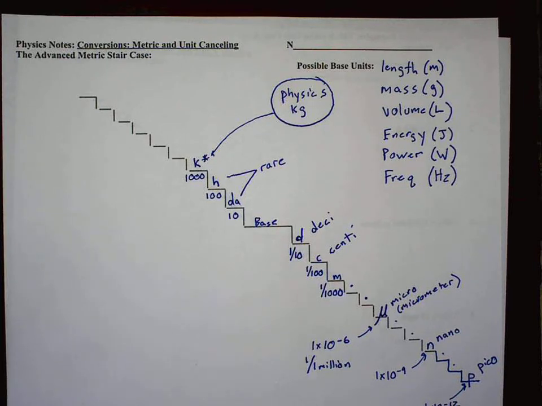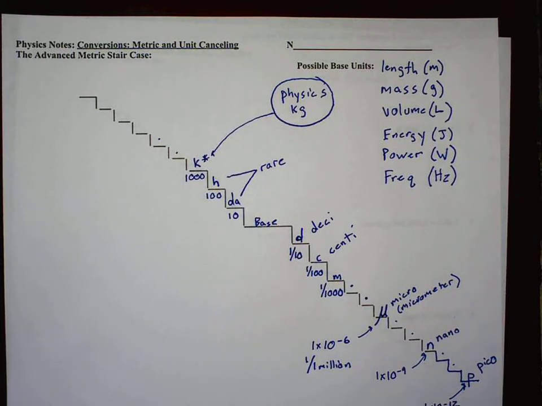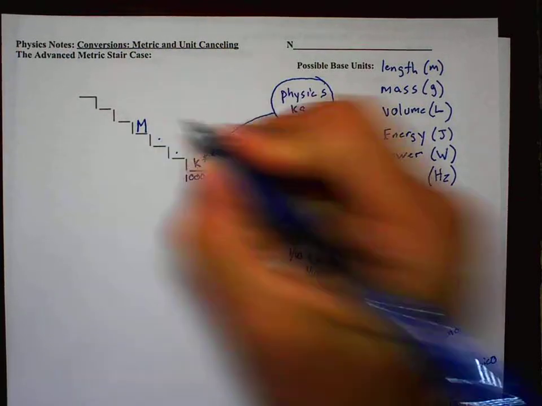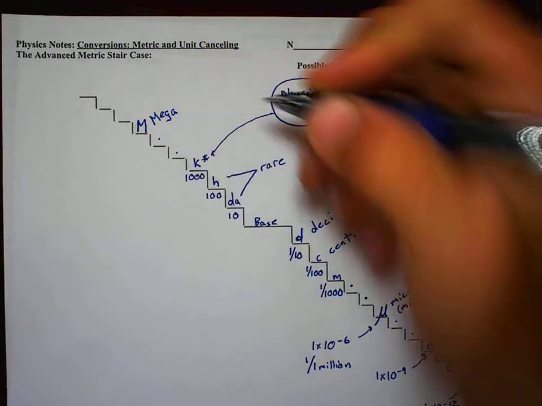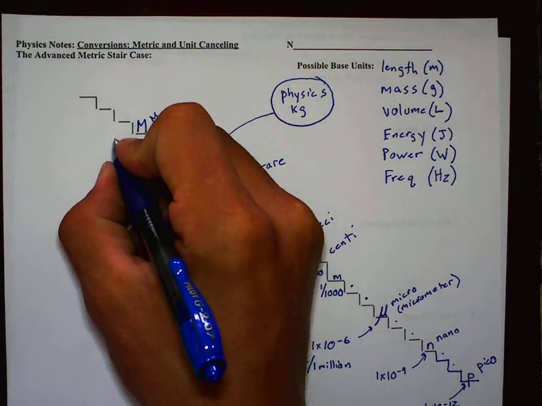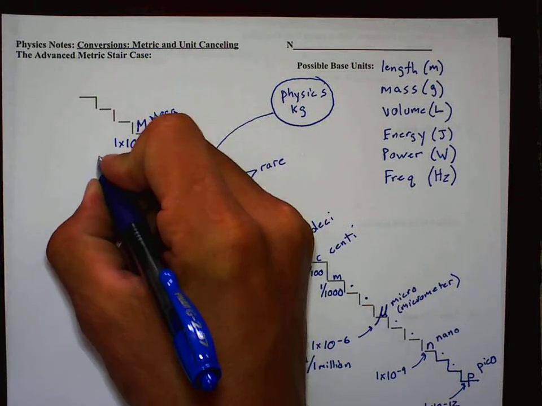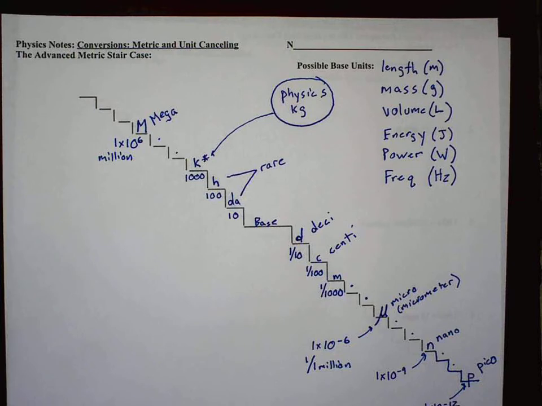Bigger units. We're going to skip 2 stairs. Those are unnamed. Capital M stands for mega. And mega means million. So 1 times 10 to the 6th. If you had a megameter, it means you have 1 million meters.